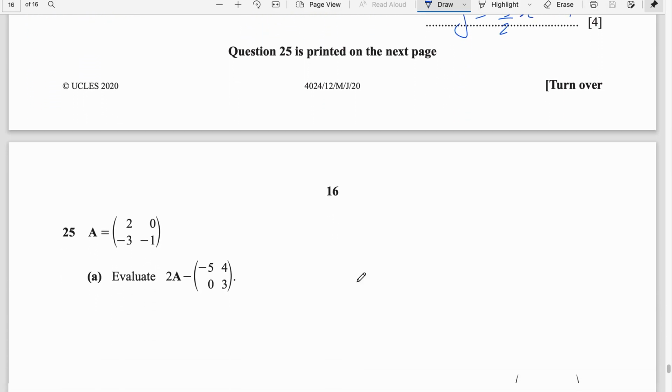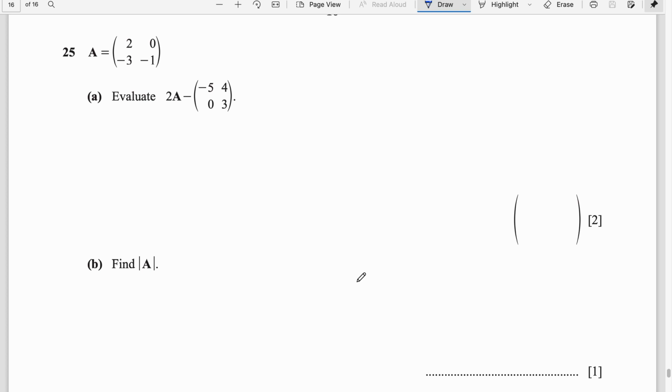Question 25 is printed on the next page. What do we have? Matrices. Matrix A is given, evaluate this, just substitute. So this is 2 times A, which is 2, 0, minus 3, minus 1, minus 5, 4, 0, 3.